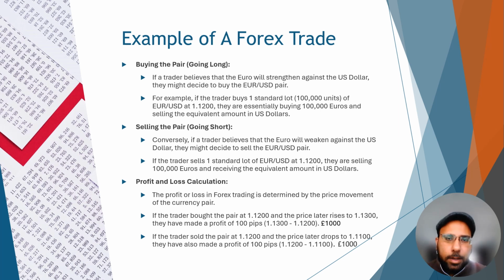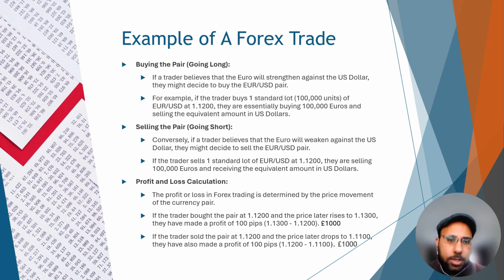If you're looking to buy EUR/USD, you believe that the euro will strengthen against the dollar, and so you might decide to go long. In this example, a trader buys one standard lot. A lot is the equivalent of 100,000 units, or in monetary terms, it's usually around £10 a point, or £10 a pip in this case.